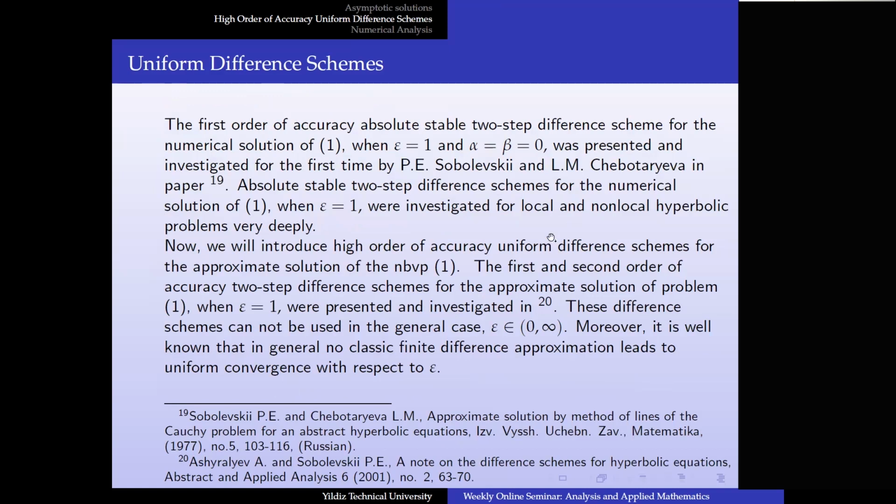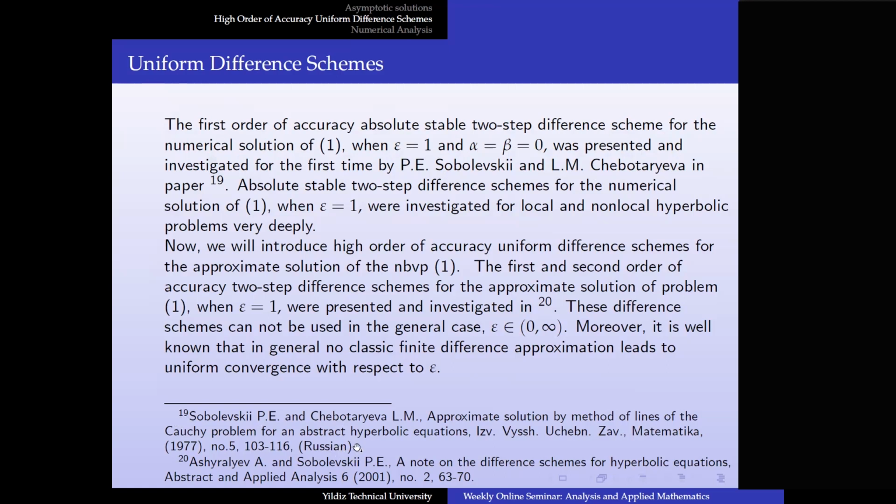which are constructed for the perturbation problems. So the first order of accuracy absolute stable two-step difference scheme for the numerical solution of 1 when epsilon equals 1 and alpha beta equals 0 was presented and investigated for the first time by Sobolevsky and Chebotaryeva in paper 90.